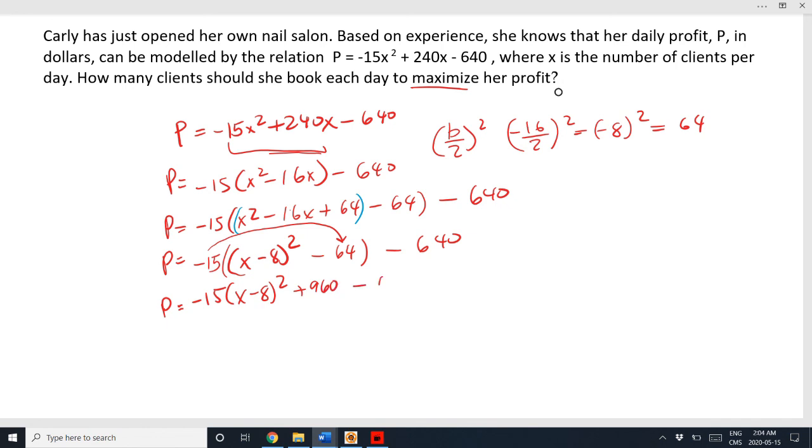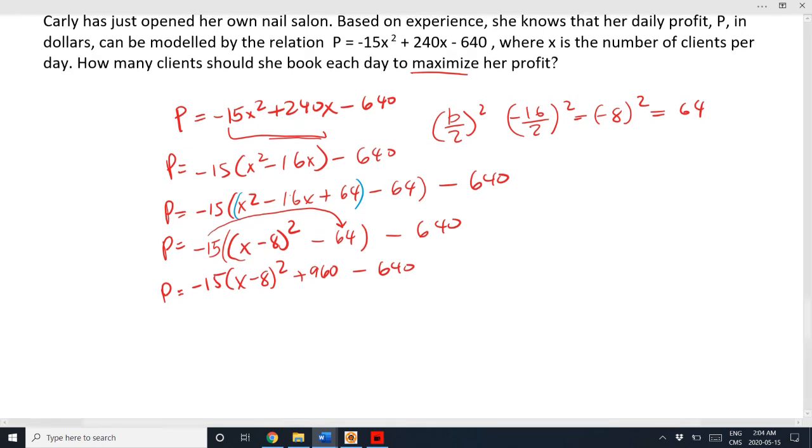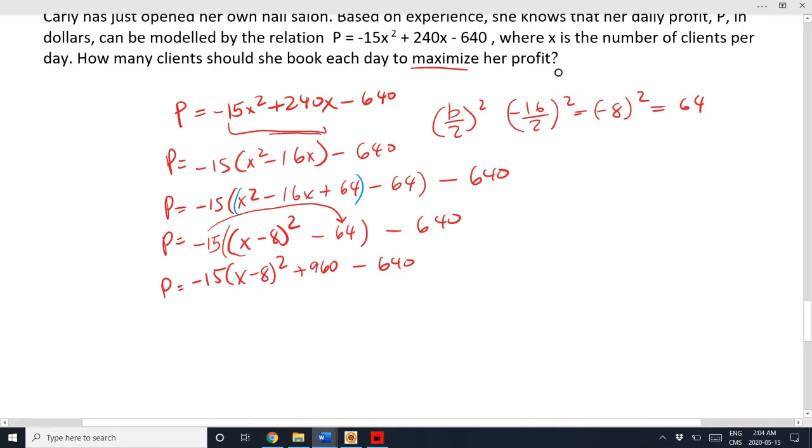And then we have the 640 out here. And so we just have to add our like terms together now, and we'll be done. And we'll have our standard form into vertex form here. So 960 minus 640 gets me positive 320.